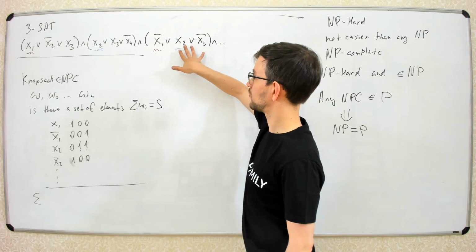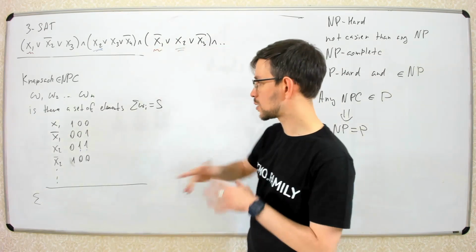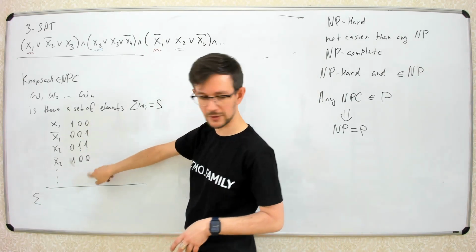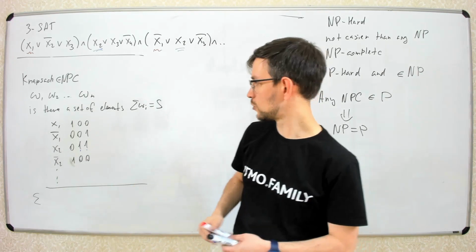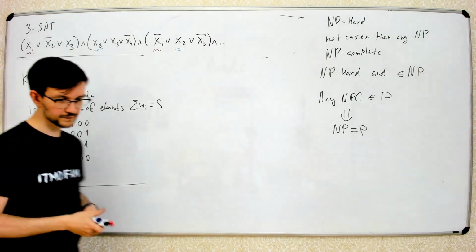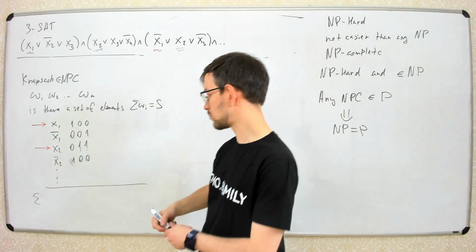If we take some values for each variable, we will pick one of these elements. So we need to pick one of these elements, one of these elements, one of these elements, and so on. So for example, if you take x1 equal to true and x2 equal to false, then you will calculate the sum of these elements, and the sum will be 1, 1, 1.